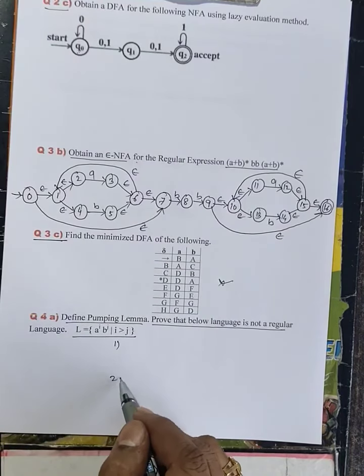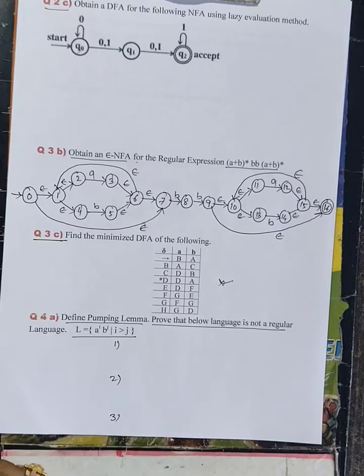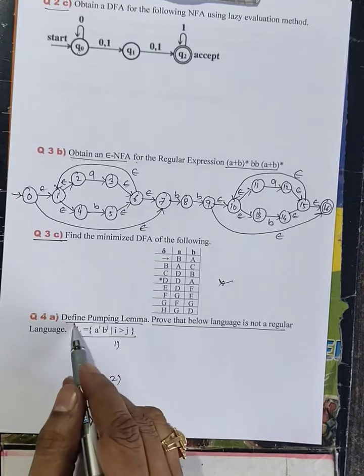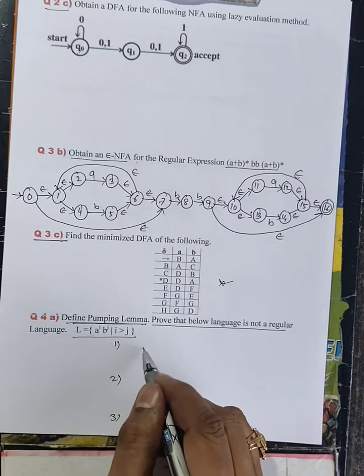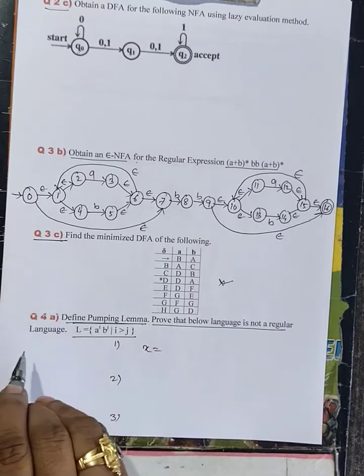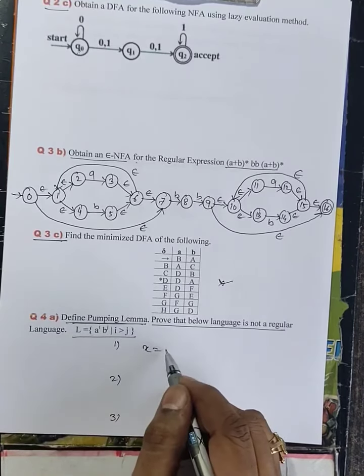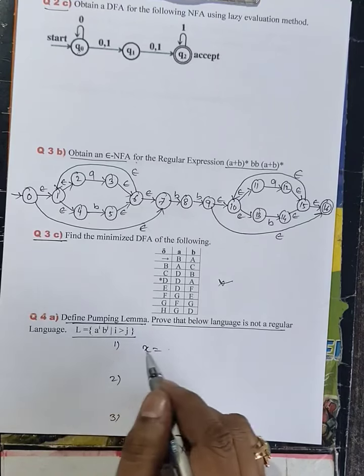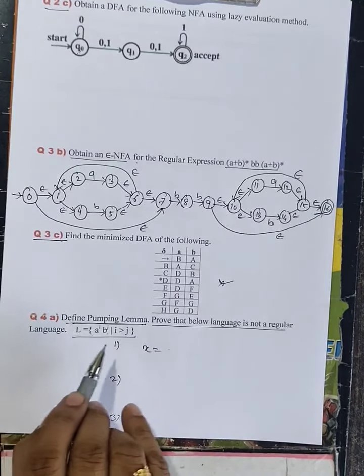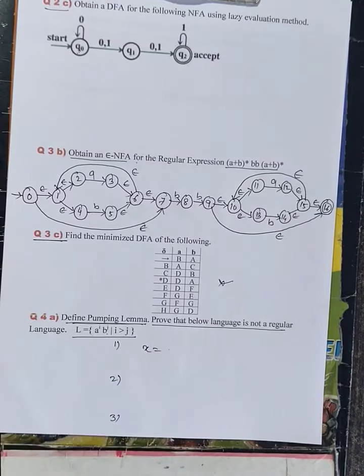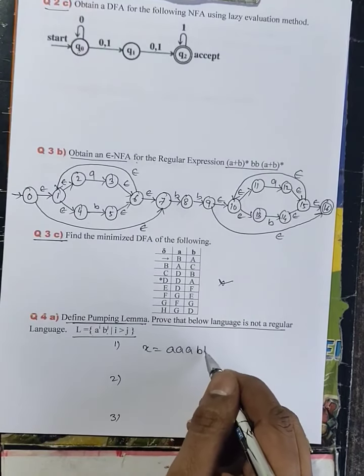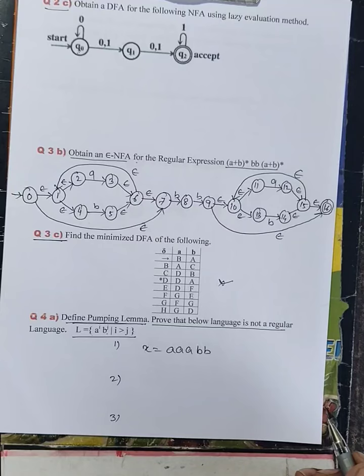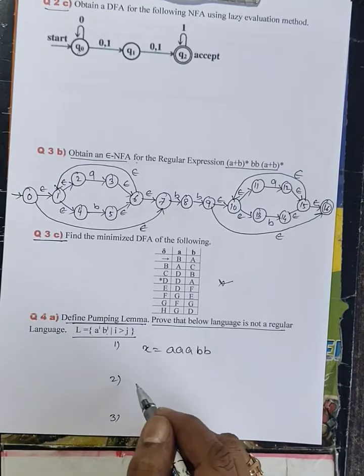This pumping lemma example you can solve in 3 steps. Which string can be generated from this? a to the power i, b to the power j, i greater than j, means the number of a's is greater than the number of b's. For example, 3 a's and 2 b's, where a is greater than b.